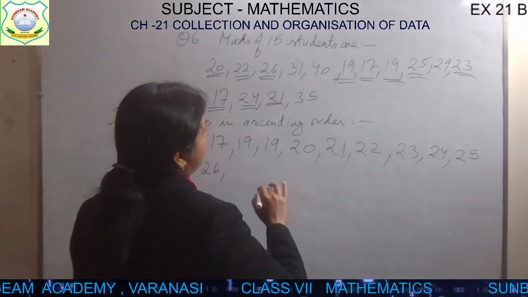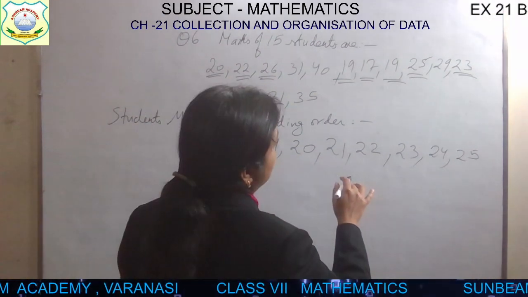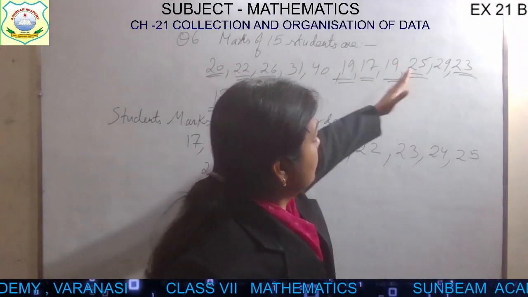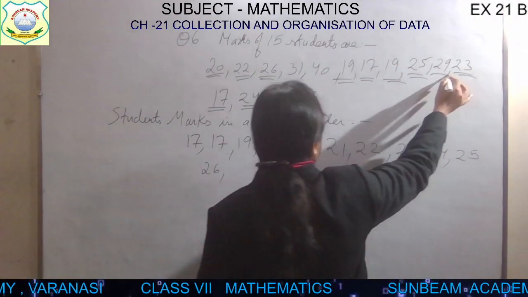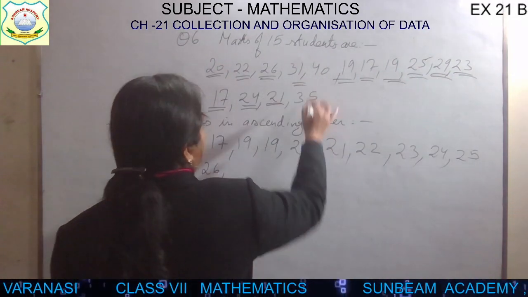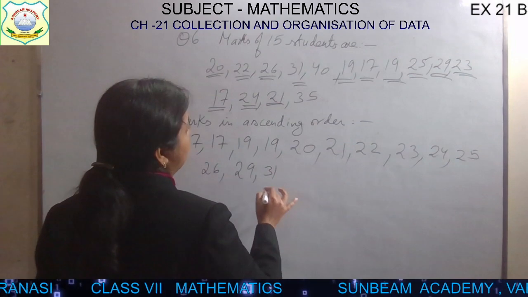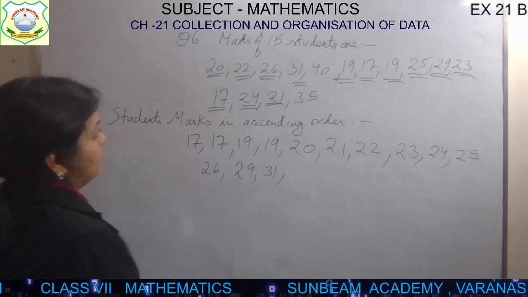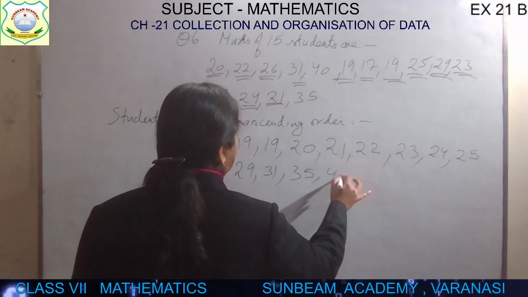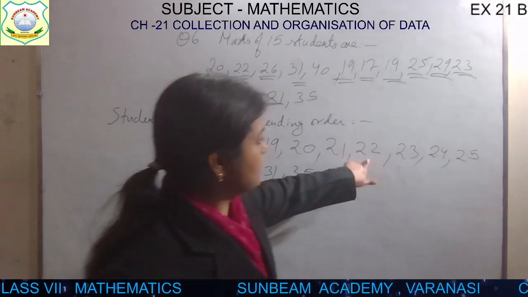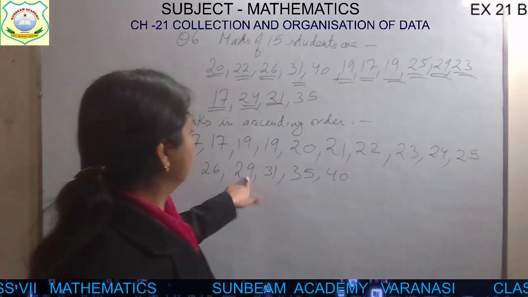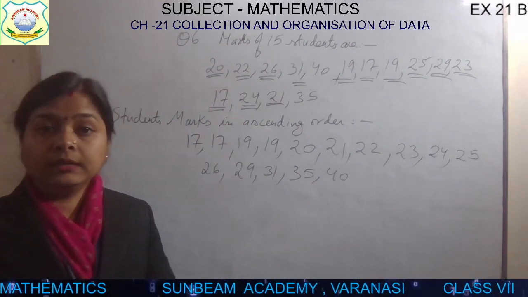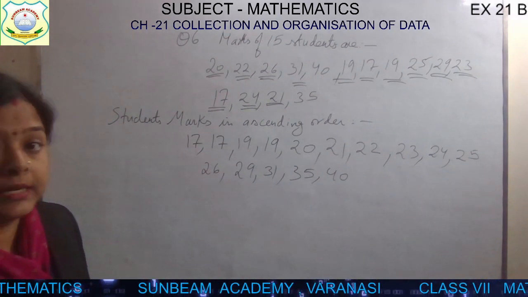After 26, ये तो 30 में है, ये 40 में है, so 29 and then 31. Then after that all we have covered, so only 35 and 40 are left. Now count: 1 2 3 4 5 6 7 8 9 10 11 12 13 14 15. Correct. All 15 data we have taken from here and arranged in ascending order.